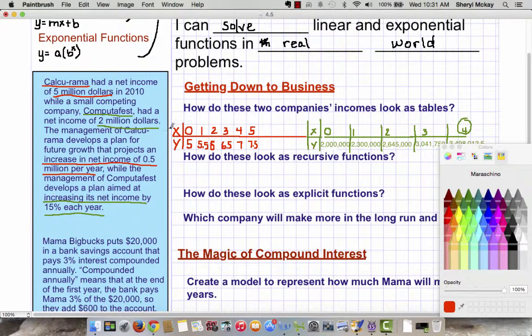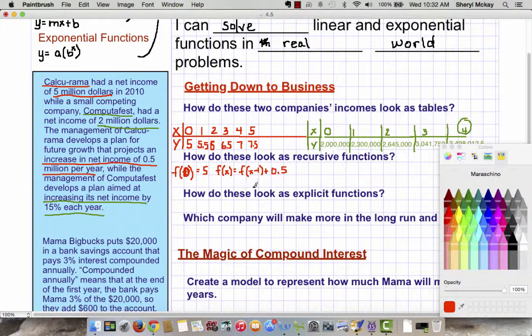So as I look at this, I could say f of x, actually I want to say f of 0. f of 0 equals 5, okay, 5 million, and f of x equals f of x minus 1, meaning the previous term, plus 0.5 million.